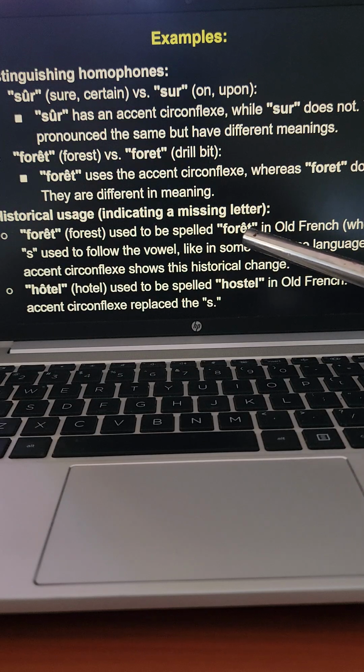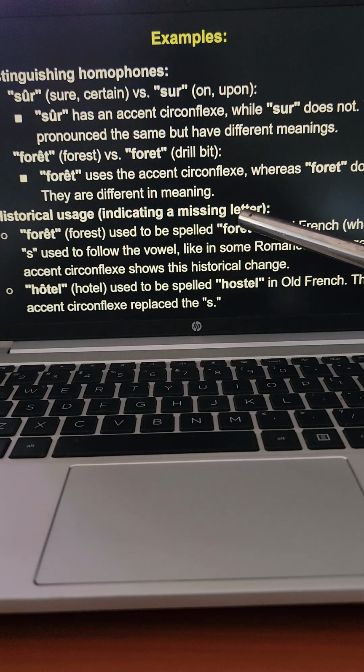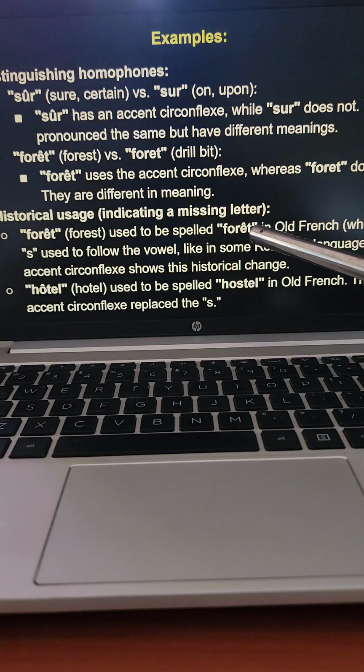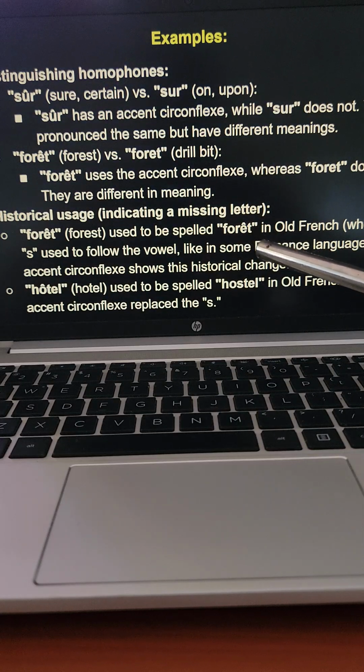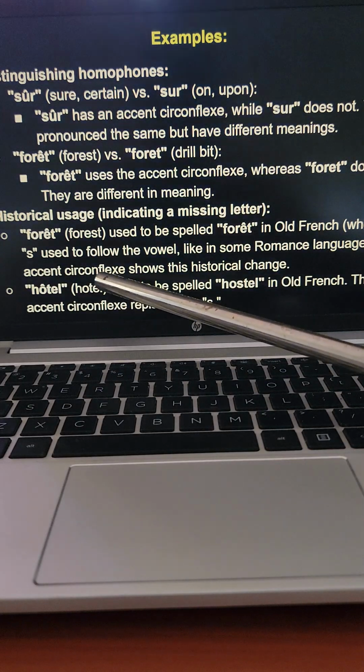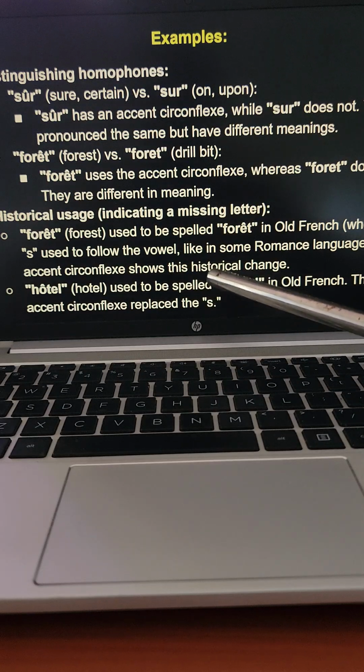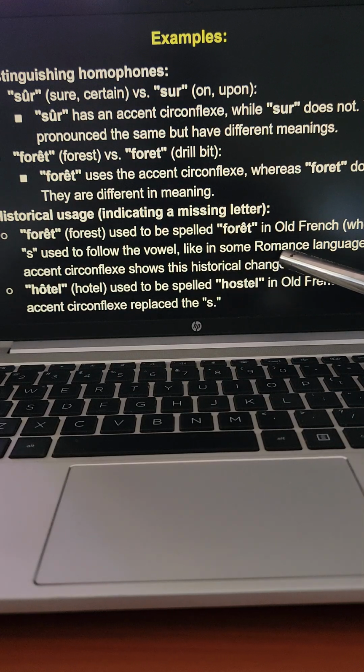So they removed the S and then they gained the accent circumflex. So the accent circumflex shows this historical change. You know, a language does evolve.